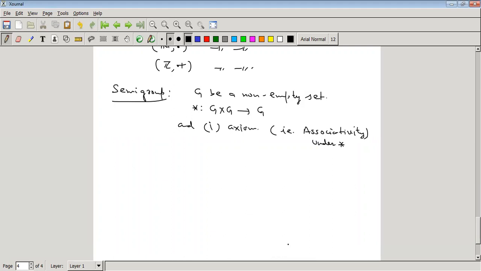So in usual terms we can say semi-group if it is closed under the binary operation, and second, if it satisfies the associativity under the same binary operation.